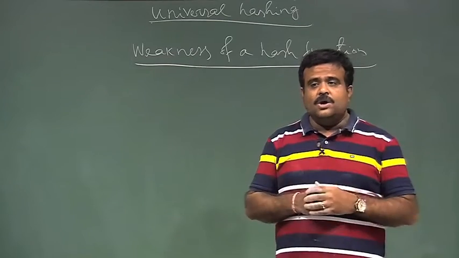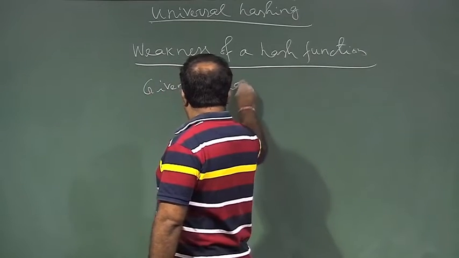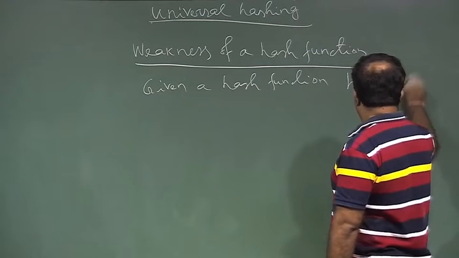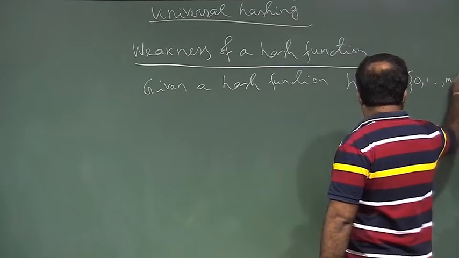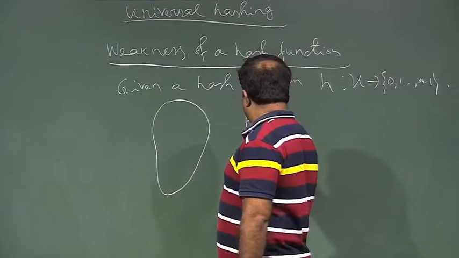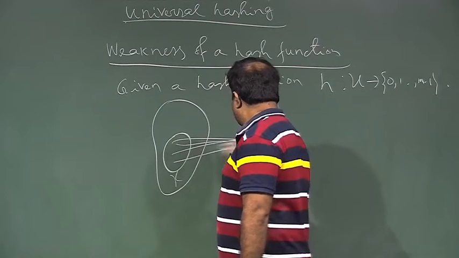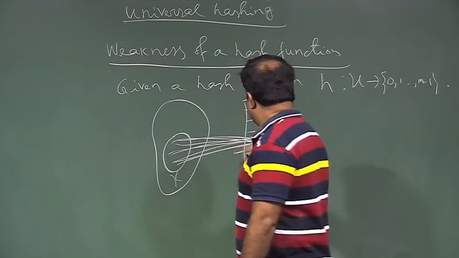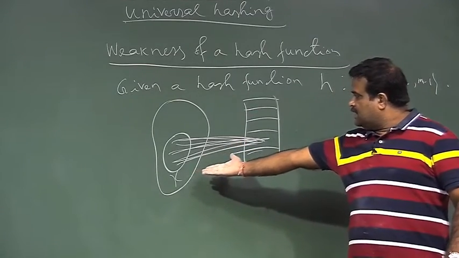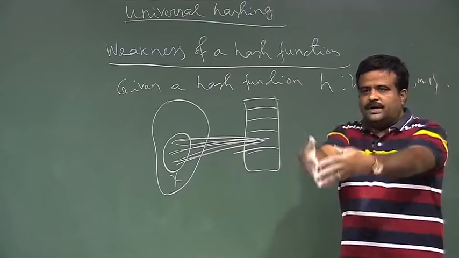So, if we have time, given a hash function H, one can always construct a portion of the keys where it is colliding, because if you have time you can try all possible keys and find the set of keys which all collide into the same slot.